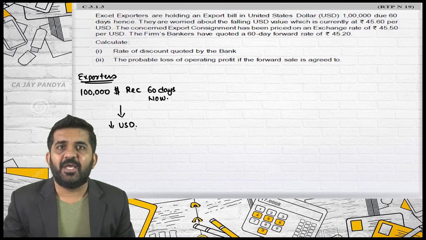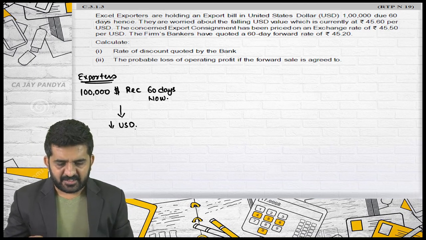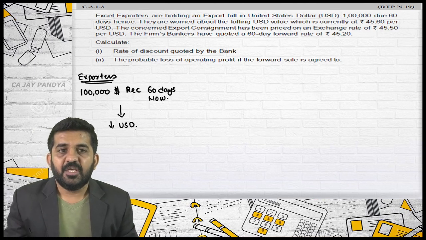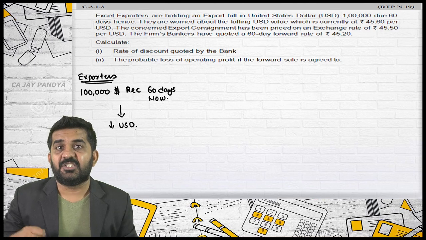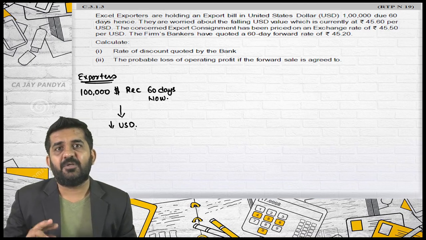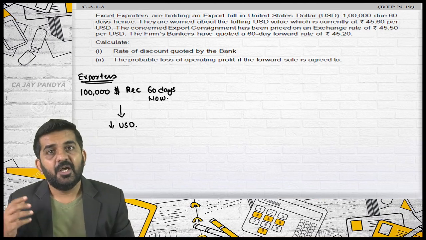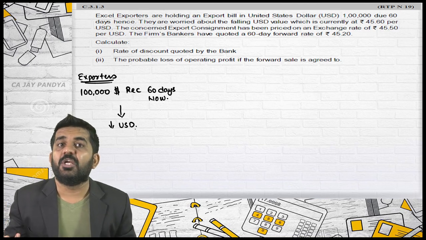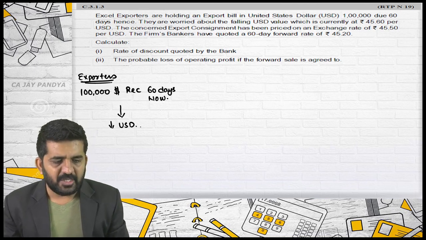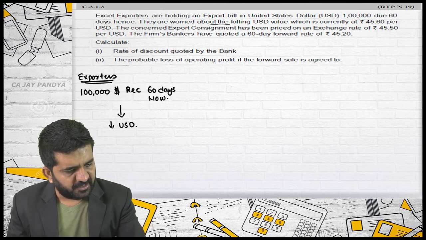If the price today is 100, they will be receiving 1 crore rupees. If the price after 60 days is 60, they will be receiving 60 lakhs rupees. If the price after 60 days is 20, they will be receiving only 20 lakhs rupees. So they are worried about the US dollar going down. So the question drafted is correct.